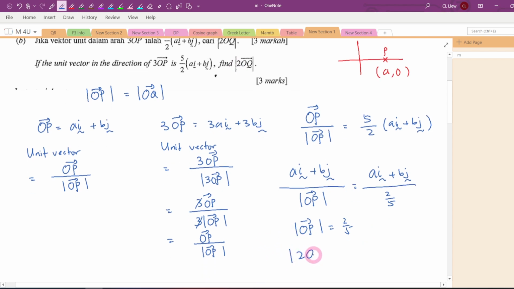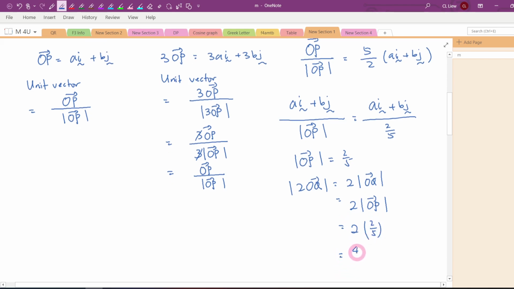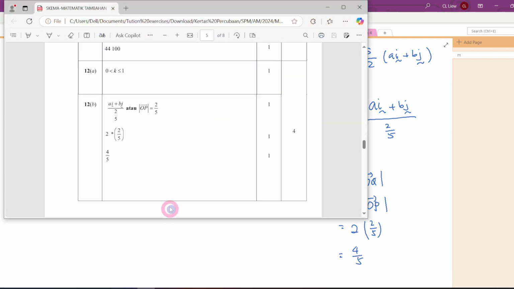The magnitude of 2OQ is equal to 2 times the magnitude of OQ. As I told you just now, the magnitudes of OQ and OP are the same. So what is the magnitude of OP? 2 over 5, right? And our answer will be 4 over 5. Okay, let's check the answer. Okay, correct.